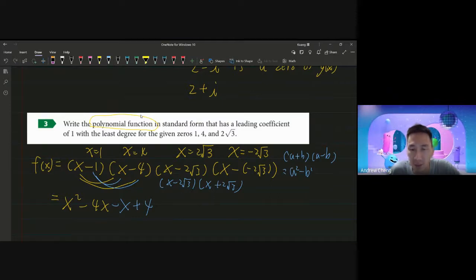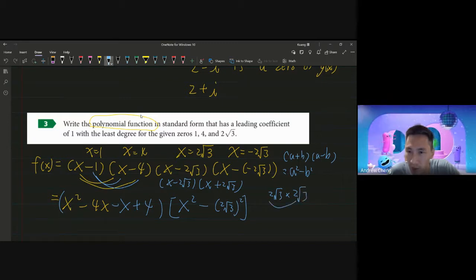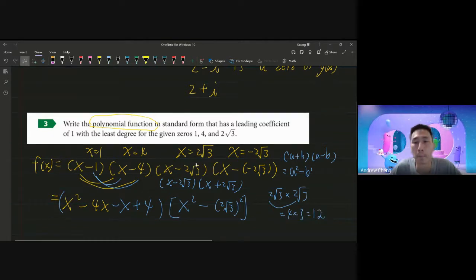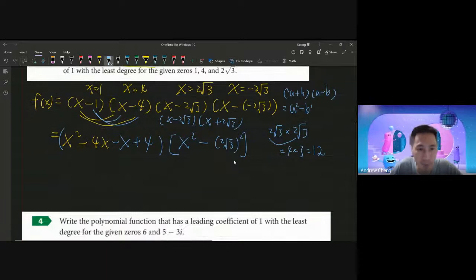So this we can simplify to x squared minus 2 root 3 squared. 2 root 3 squared means 2 root 3 times 2 root 3. 2 times 2 is 4, root 3 times root 3 is 3, so that will be 12. Combining these two terms, it becomes x squared minus 5x plus 4, and here becomes x squared minus 12.